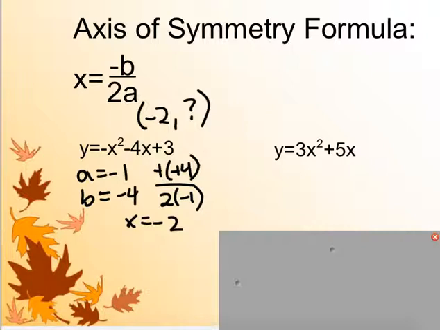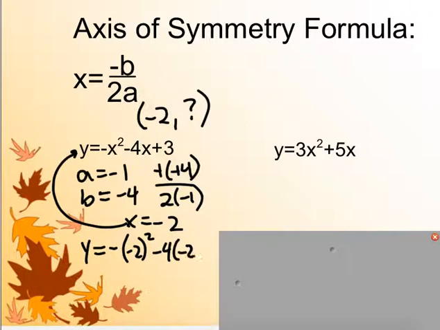Well, just like any equation, I can plug that x value back into the equation in order to find the y value. So we say y is equal to negative x squared, so -2 squared, minus 4 times -2 plus 3. And we just need to simplify. So y is equal to -2 squared is a +4, and then we have the negative outside, so we have -4.